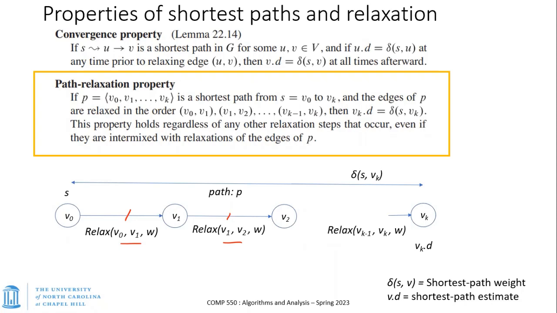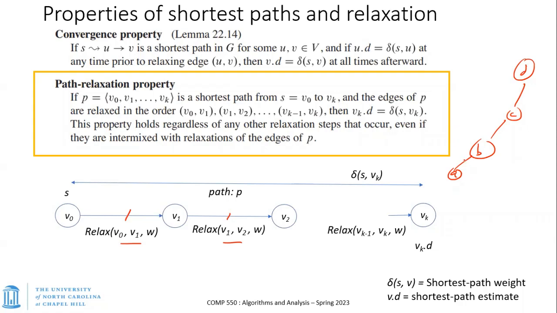So think of a simple example. Let's say we're going from A to B to C, and let's say through D. This is a shortest path from A to D, and we're saying that we already have the shortest path.